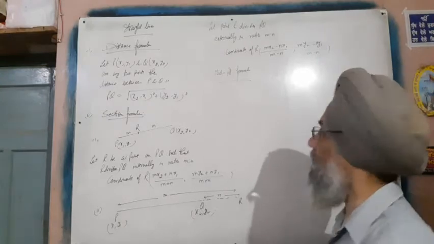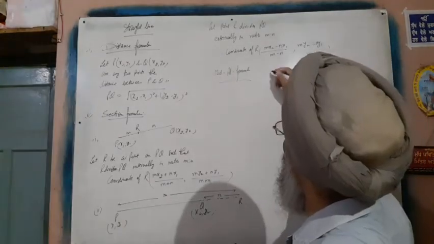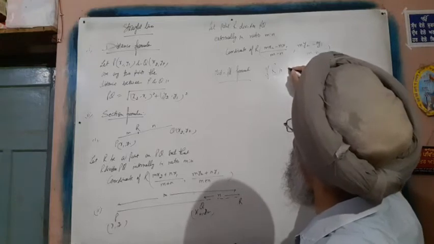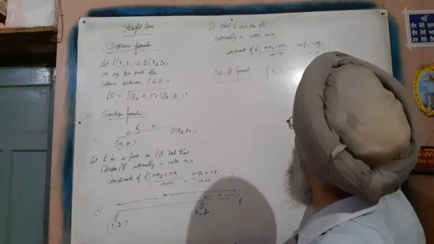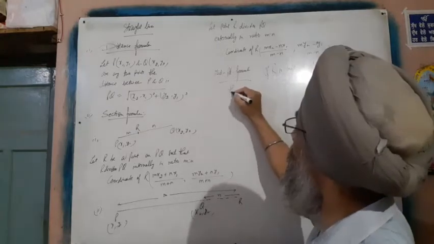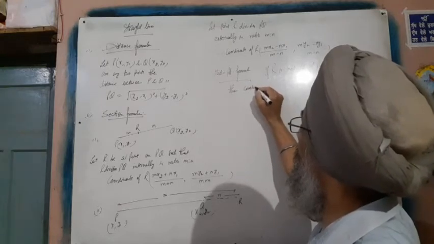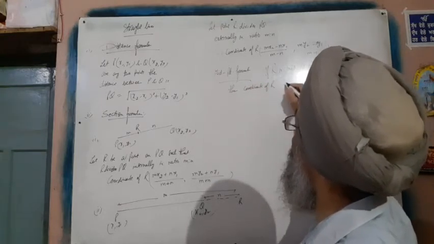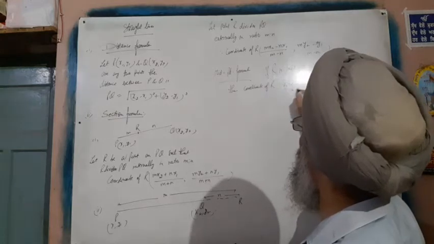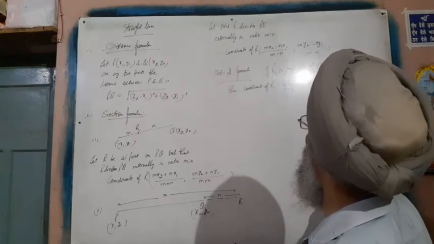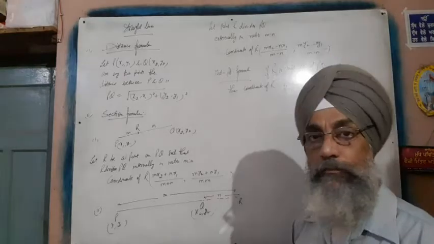You have read this in class 10th. So if R is the midpoint of PQ, then the coordinate of R is (x1 plus x2) upon 2, (y1 plus y2) upon 2. Clear?